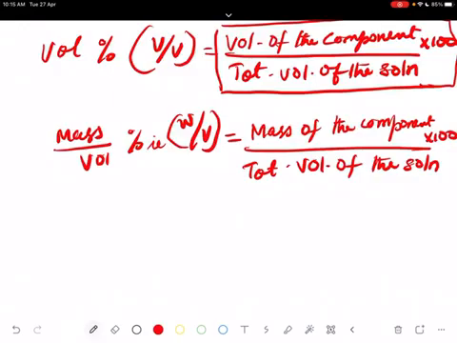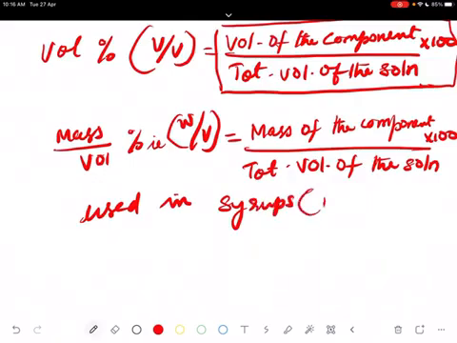It is used in medicine, syrups. This mass by volume percent is used in syrups. I told you, cough syrup or medicinal use.